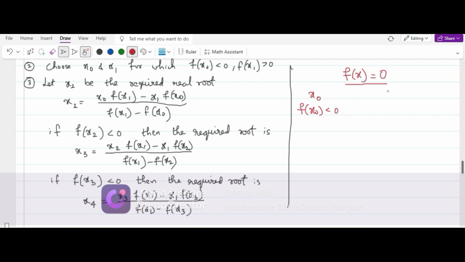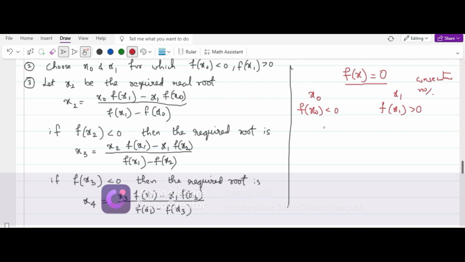Again you will consider x1 and calculate f of x1. If f of x1 is more than 0, you can say that the root lies between x0 and x1.